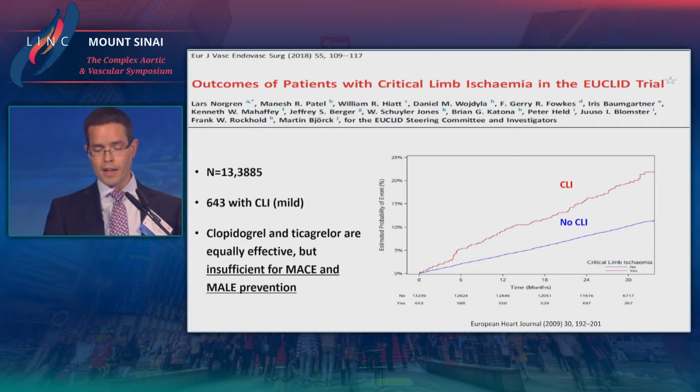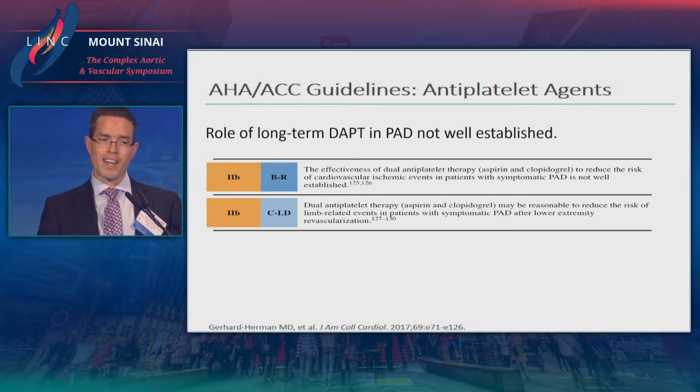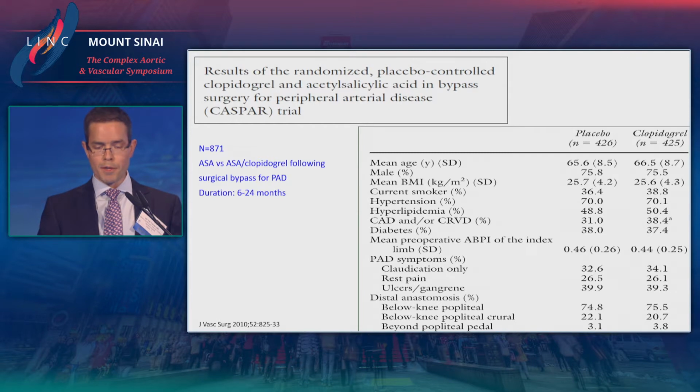CLI patients had high event rates despite anything. So the current AHA/ACC guidelines do not provide any form of strong recommendations for dual antiplatelet therapy in patients with CLI or PAD. So this is a 2B class recommendation.